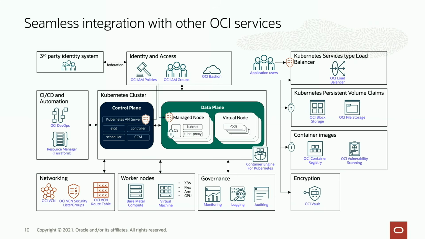And you can federate, of course, identity and access management with your own identity system. Your users that are in your Active Directory, for example, are allowed to access the cluster, deploy resources. And of course, Kubernetes provides role-based access. So users can do certain actions in your Kubernetes clusters, but not necessarily all.